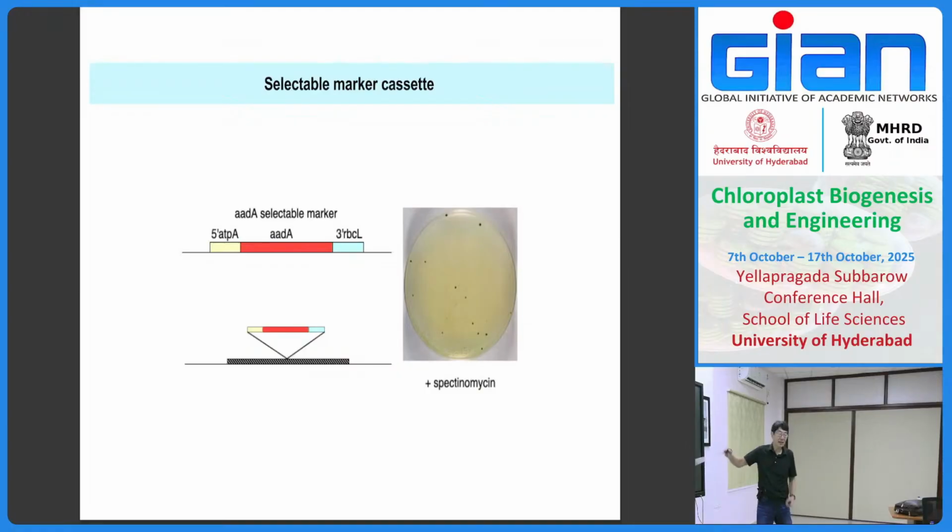The aadA cassette of the bacterial type has codon usage optimized for bacteria, where the gene was isolated. But in this case, we can use an aadA cassette whose codon usage is optimized for the Chlamydomonas chloroplast.